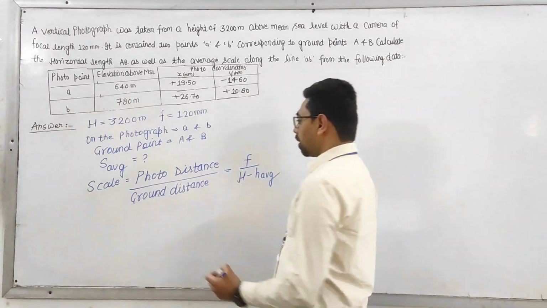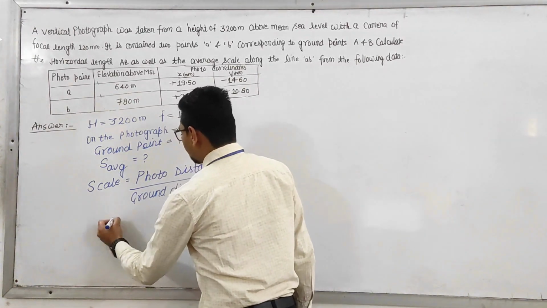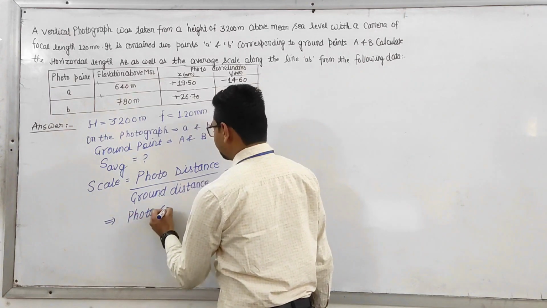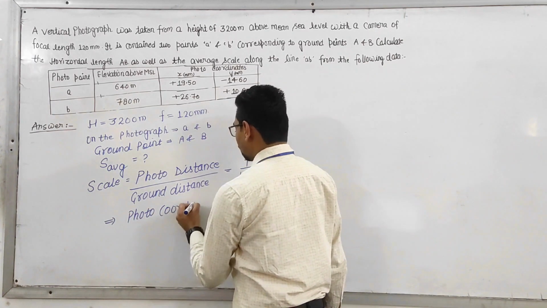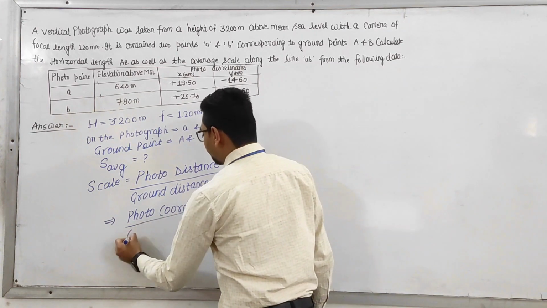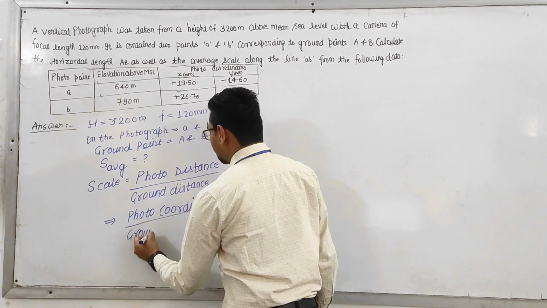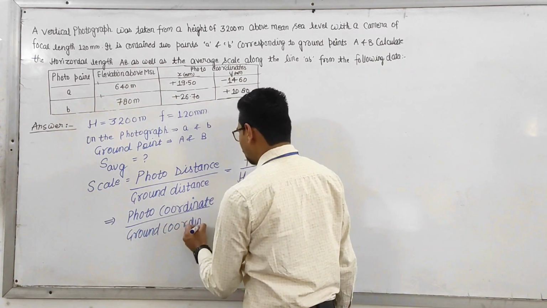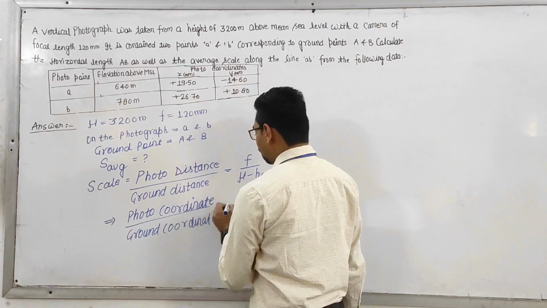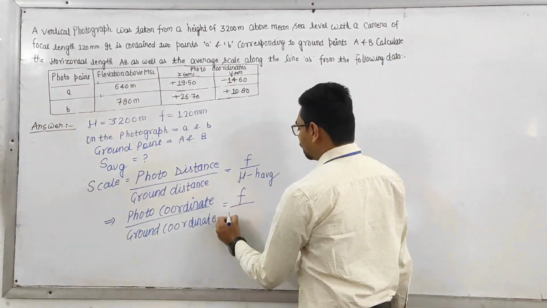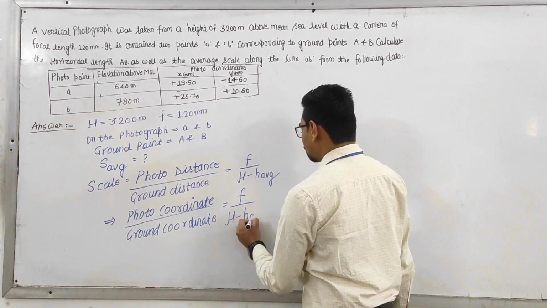Also, we see that photo coordinate divided by ground coordinate will be equal to F divided by H minus h.